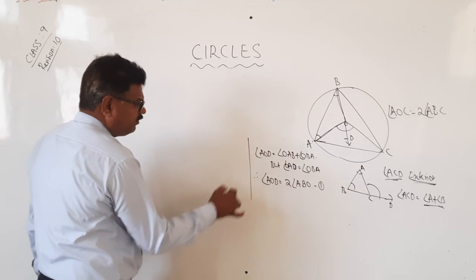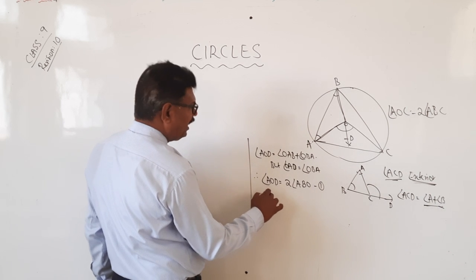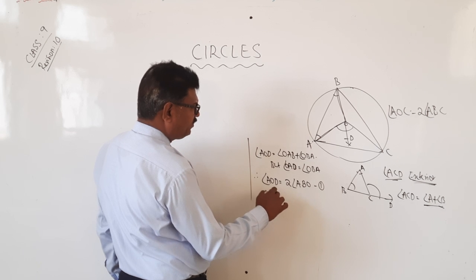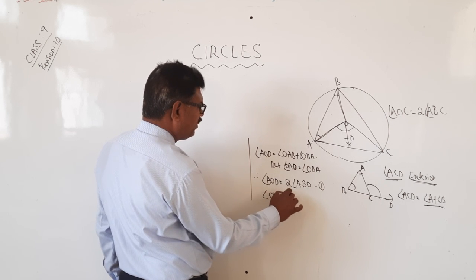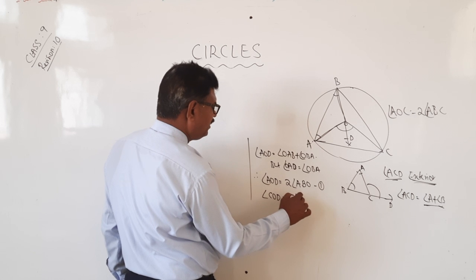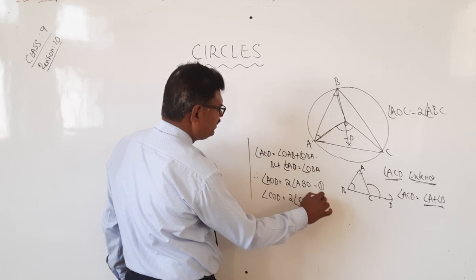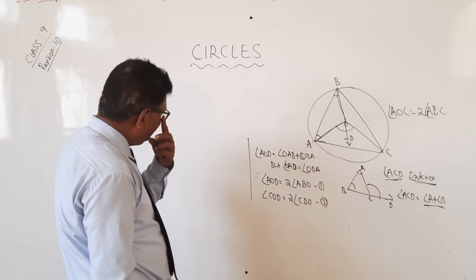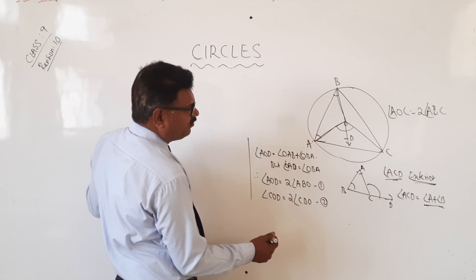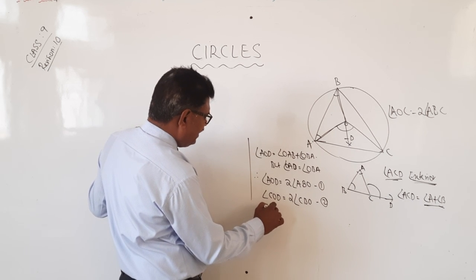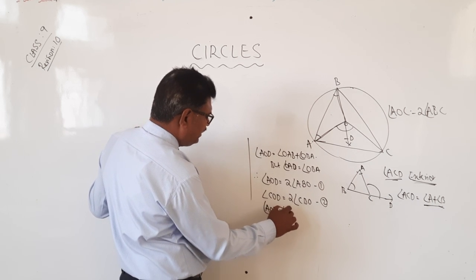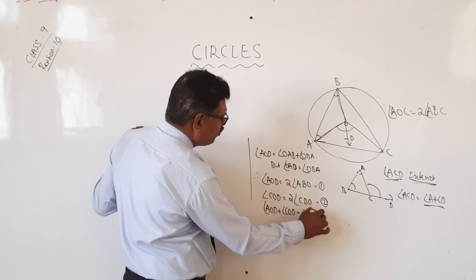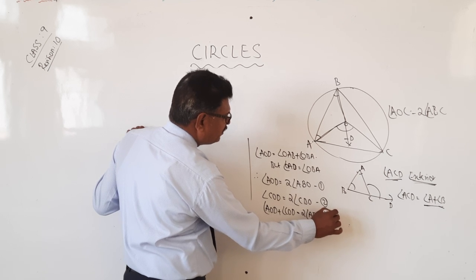Next, similarly we can write angle COD equal to 2 times angle CBO. This is 2. Adding both, AOD plus COD is equals to 2 times ABO plus 2 times CBO.